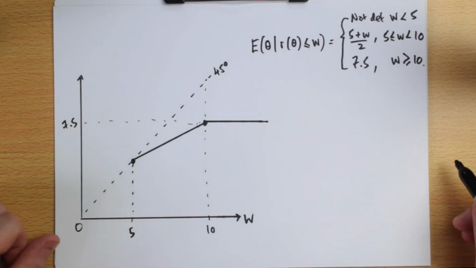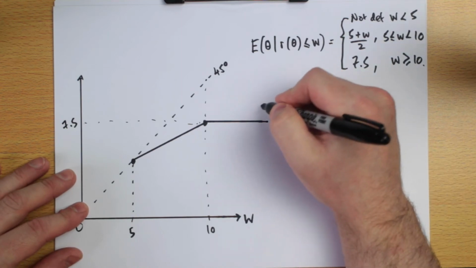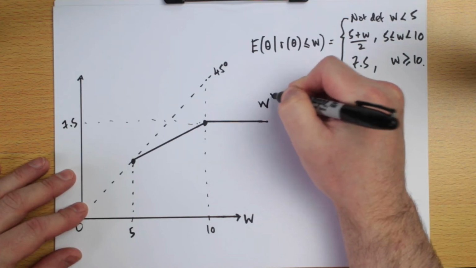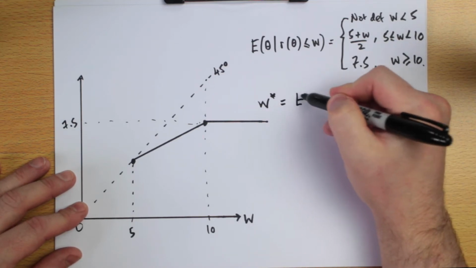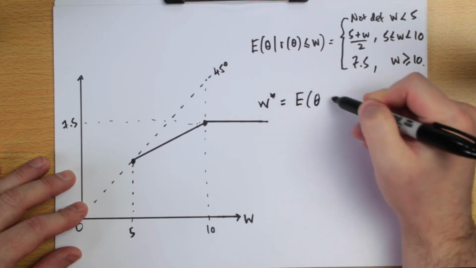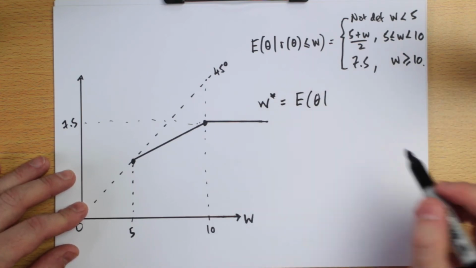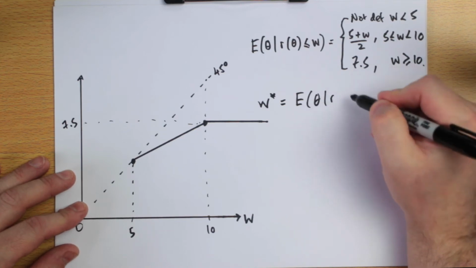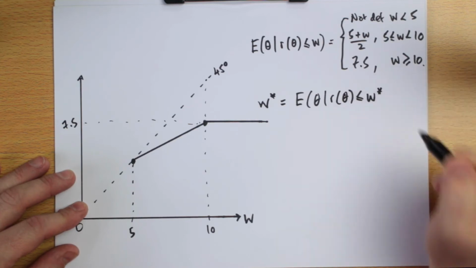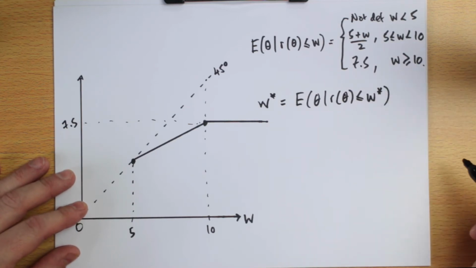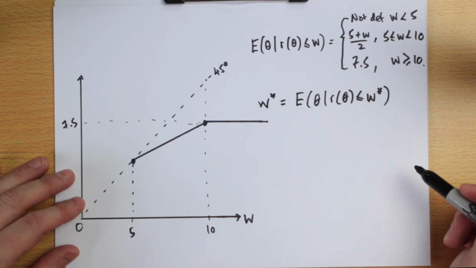So what was the equilibrium condition? If we combine our first and second conditions, we get a necessary equation: the equilibrium wage W star, which is the cost of employment, has to equal the expected revenue at W star. Here W star appears on both sides of the equation, like a fixed point condition.